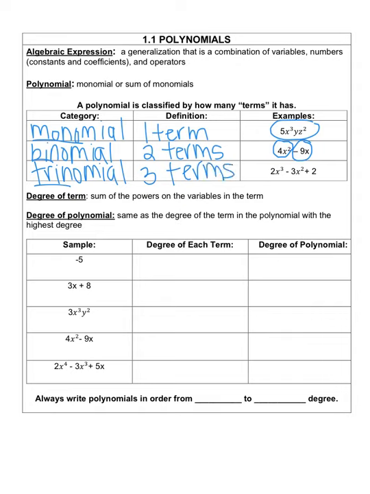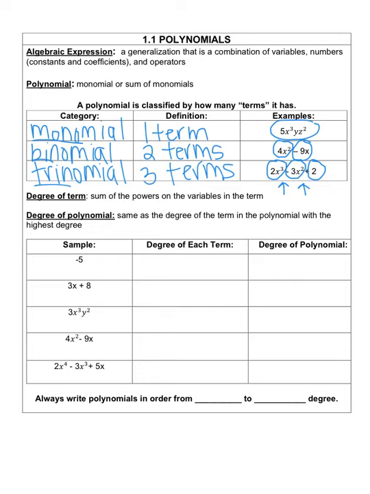In this example, my first term is 2x cubed, then negative 3x squared, and then positive 2. So because I'm separating the first term with the minus sign and the second term with the plus sign, I have three separate terms. I'm not multiplying everything together like in a monomial. I have the separation with addition and subtraction to create these three separate terms.